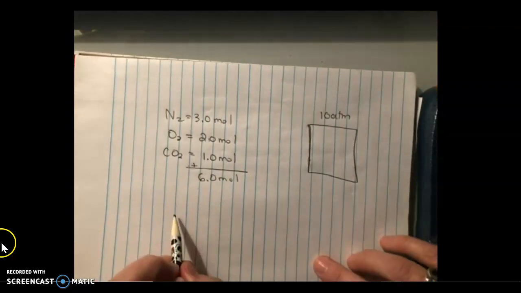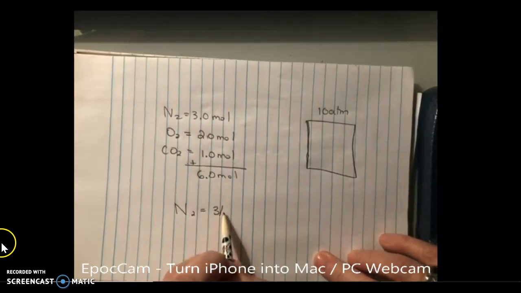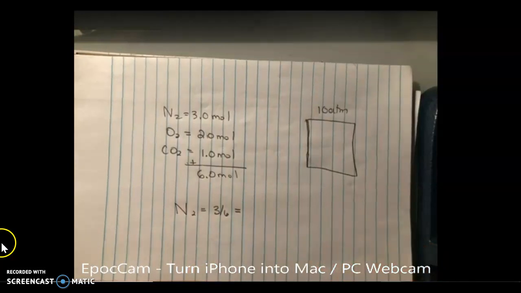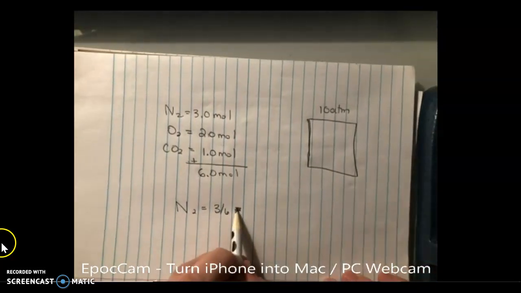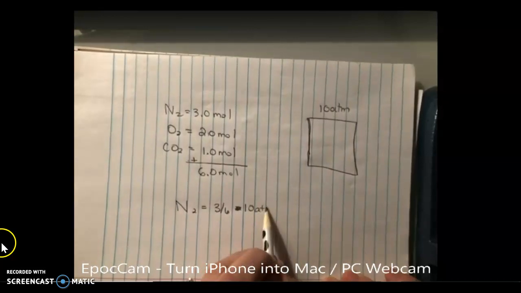So if I look at nitrogen gas, well, of the 6 moles, it has 3 that contributes. So we would want to do that number times the 10 atmospheres. And that's going to tell us how much nitrogen is going to contribute.